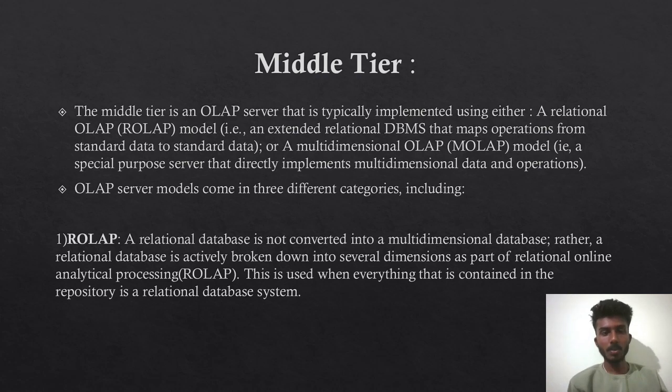First one is ROLAP. A relational database is not converted into a multidimensional database. Rather, a relational database is actively broken down into several dimensions as part of relational online analytical processing, ROLAP. This is used when everything contained in the repository is a relational database system.